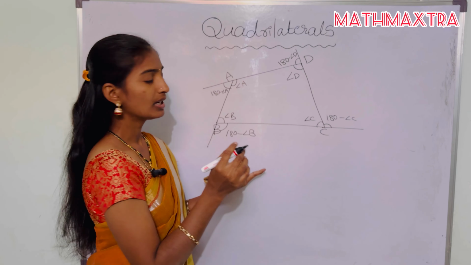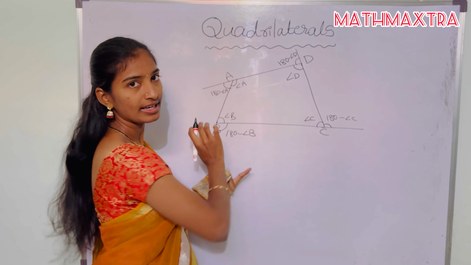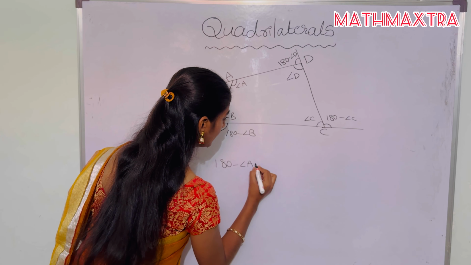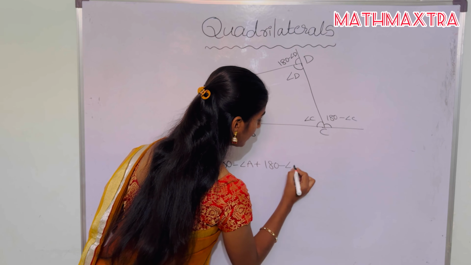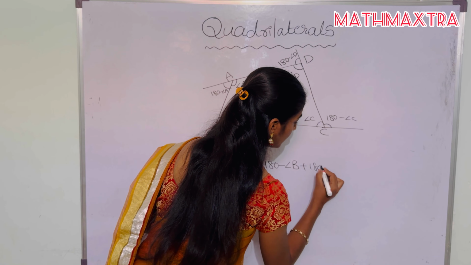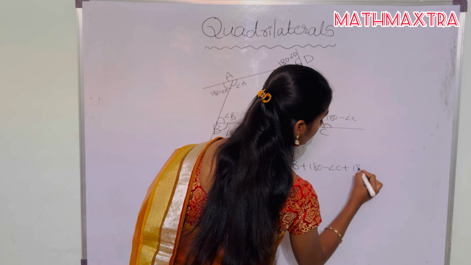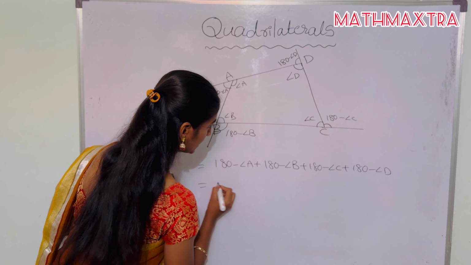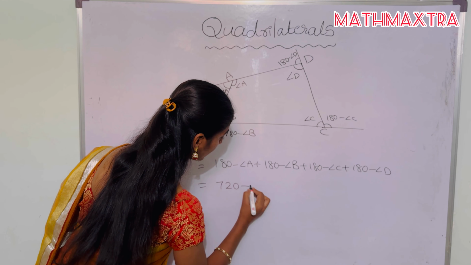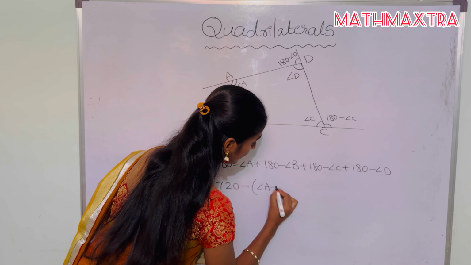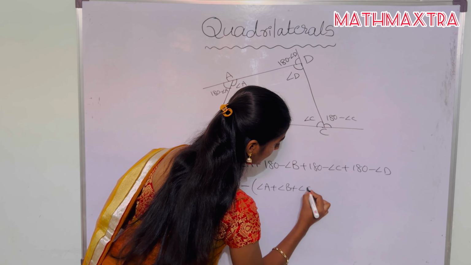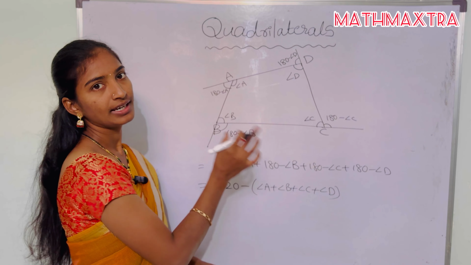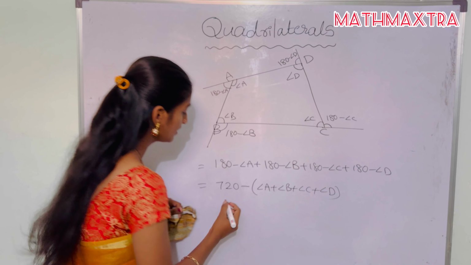Now we have to calculate the sum of all the exterior angles of a quadrilateral, which is nothing but 180 minus angle A plus 180 minus angle B plus 180 minus angle C plus 180 minus angle D. Which is nothing but 180 into 4, 720, minus this sum, angle A plus angle B plus angle C plus angle D. We know very well the sum of all interior angles of a quadrilateral is 360 degrees.